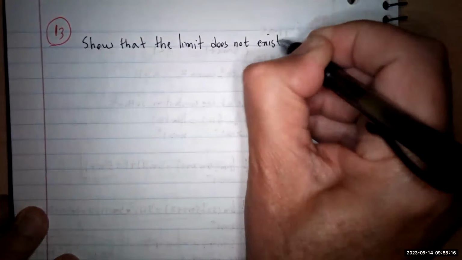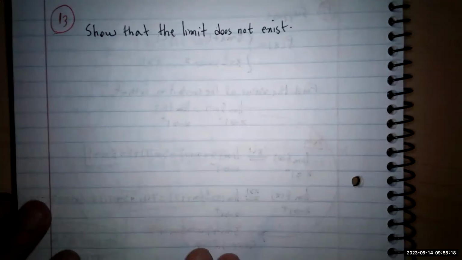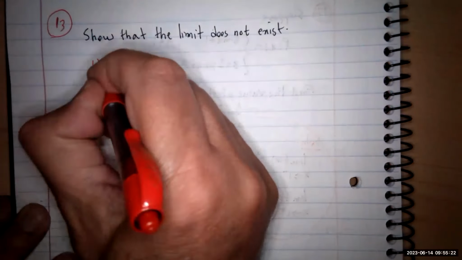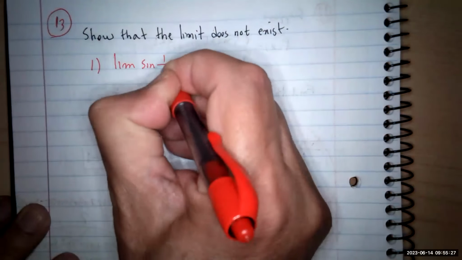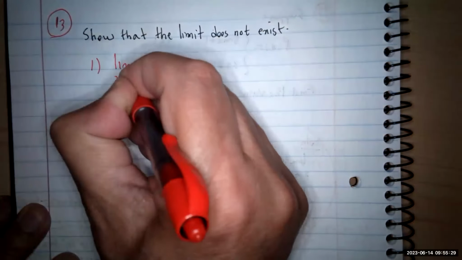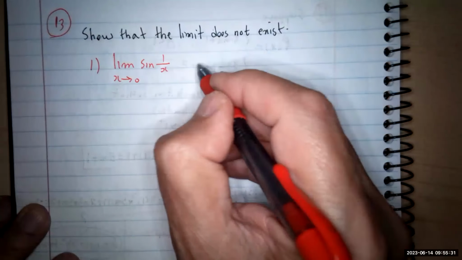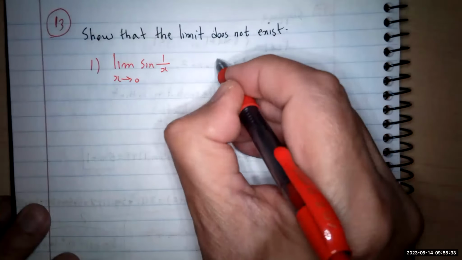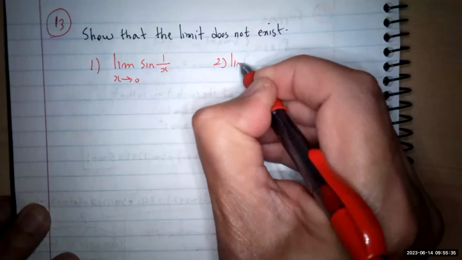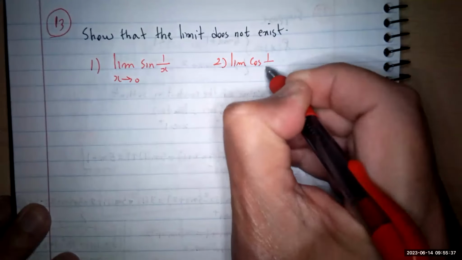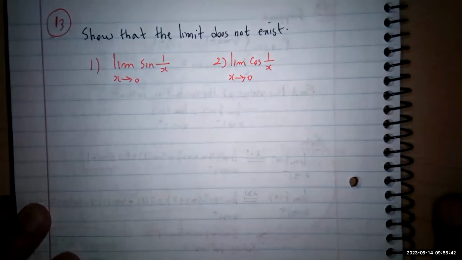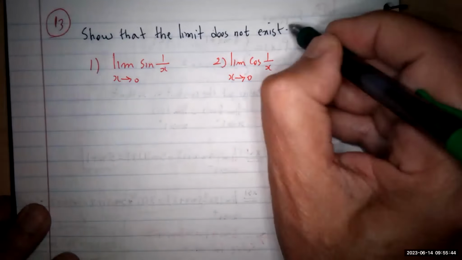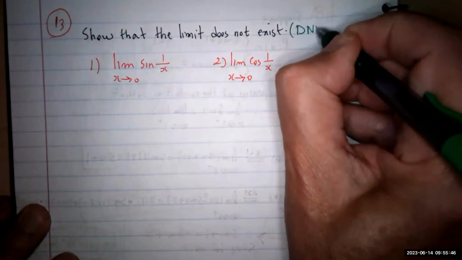So the first part is we want to show that the limit of sine of 1 over x as x goes to 0 does not exist. And the second one is the same: cosine of 1 over x as x goes to 0. Both of them do not exist.